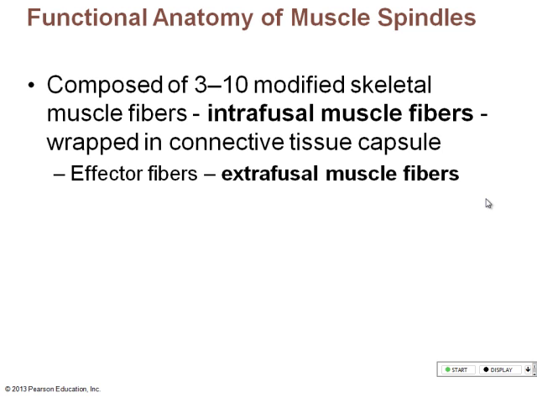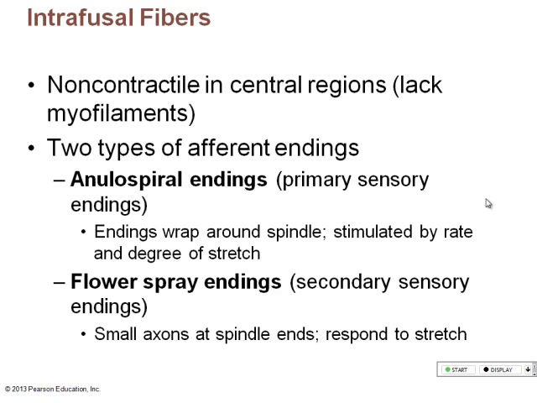These are groups of nerves associated with muscles in different areas to pick up the information we just mentioned, composed of 3 to 10 modified skeletal muscle fibers called intrafusal muscle fibers. And these are usually wrapped around the extension of the coverings of muscles, in tendons or in ligaments. And they are going to start to pick up a message when muscles are being pulled on.